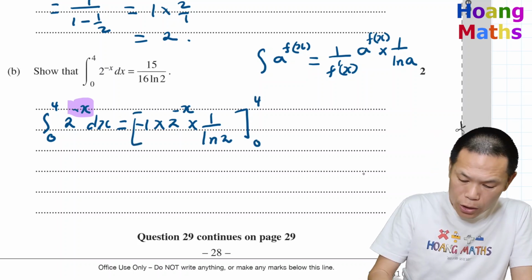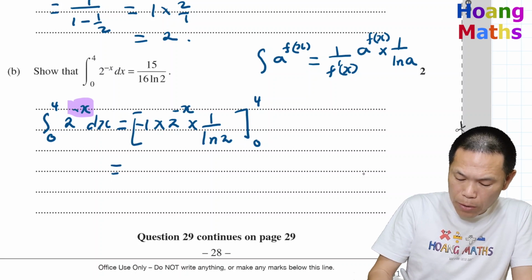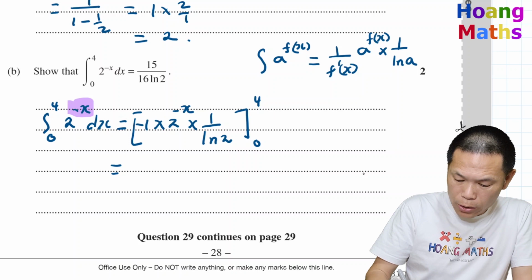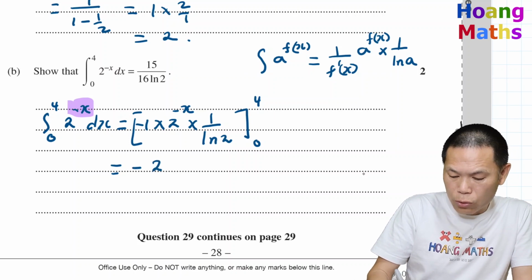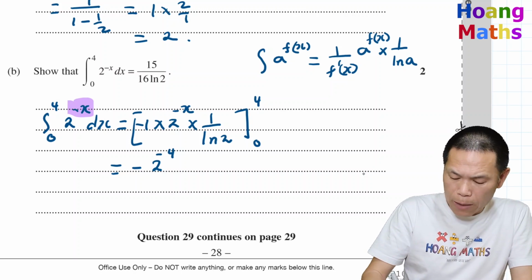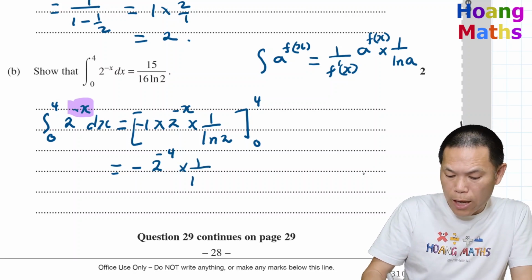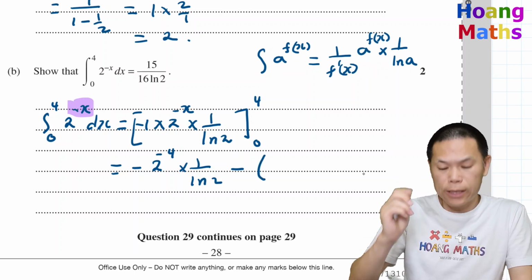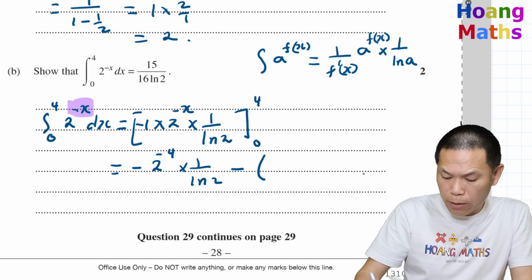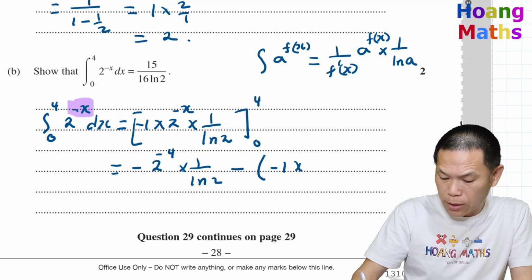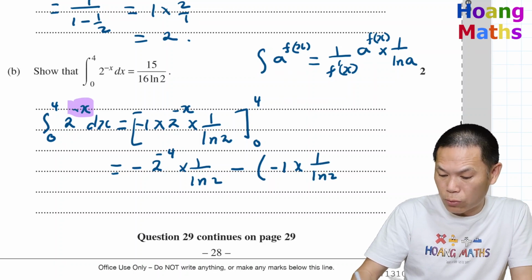When x is 4, that becomes negative 1 times 2 to the power of negative 4, times 1 over ln of 2. Then we subtract the bracket for when x is 0, which is negative 1 times 2 to the power of 0, which is 1, times 1 over ln of 2.